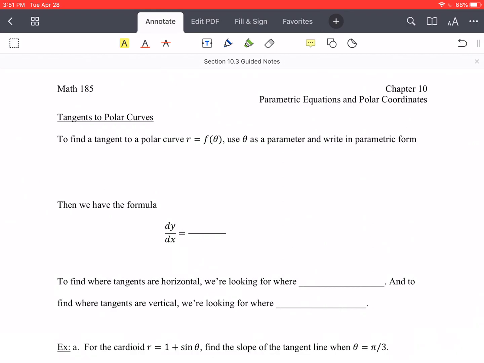So of course, we can't talk about polar coordinates without doing a little bit of calculus on polar coordinates. So to find a tangent to a polar curve r equals f of theta, use theta as a parameter and write it in its parametric form.